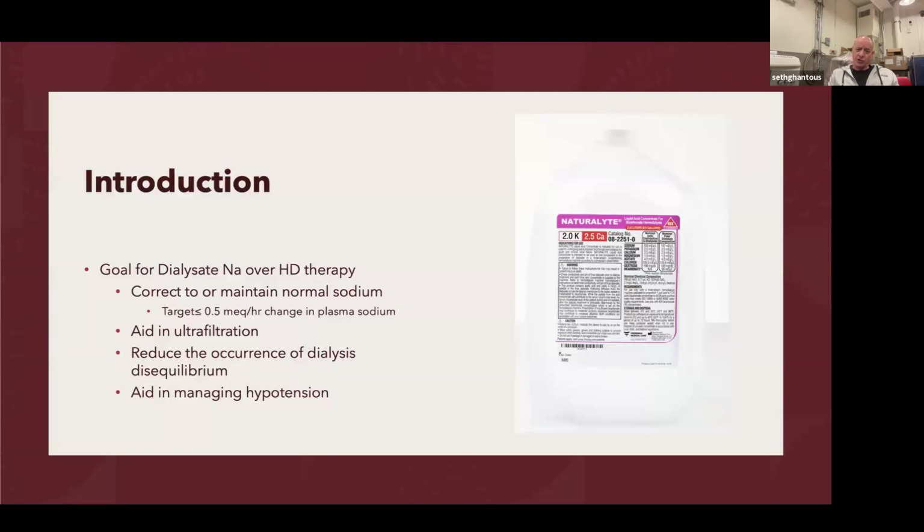As far as the goal for dialysate sodium over a hemodialysis therapy, it's usually to either correct to or maintain normal sodium. We still try to target less than about half a milliequivalent per hour change in plasma sodium, although because we're changing osmolality in other ways at the same time during dialysis, it might not apply quite as stringently as it does with routine fluid therapy.